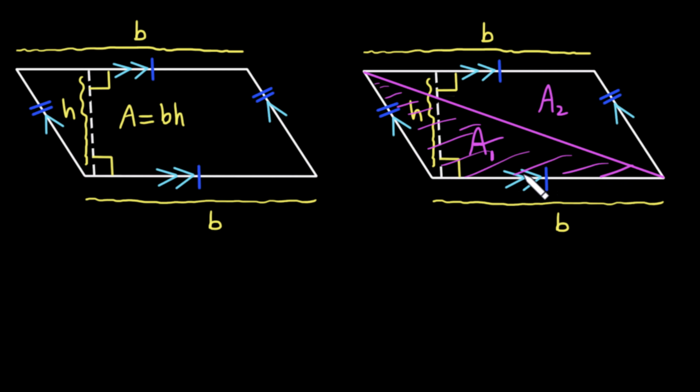The area of the first triangle, the formula of the area of a triangle, is half BH. Here is the B, which is this one, and the height, of course, is this one. This is the height for this triangle. Why is this the height? Because it's the same as here.